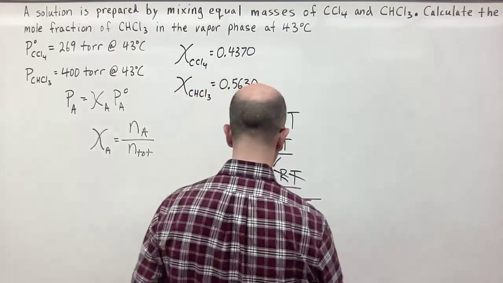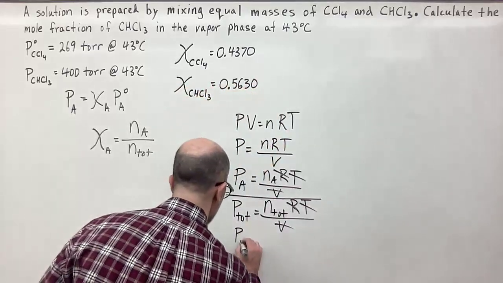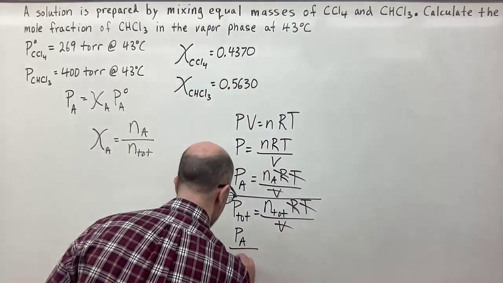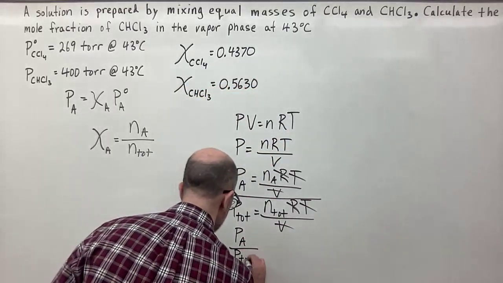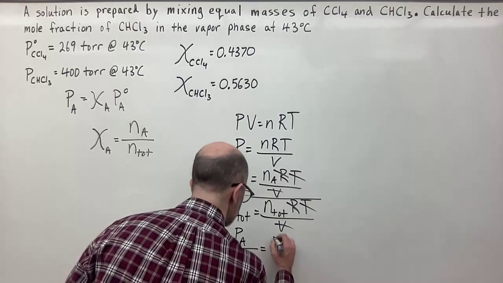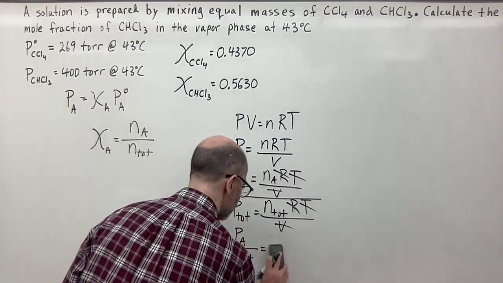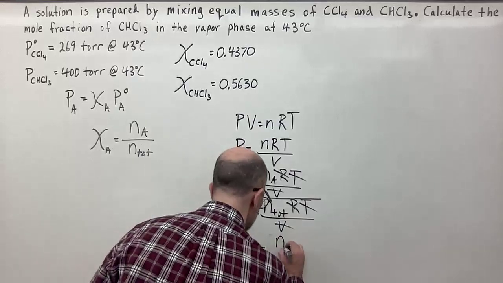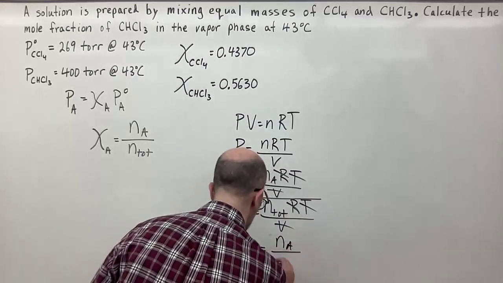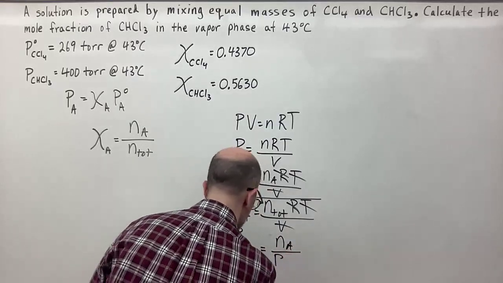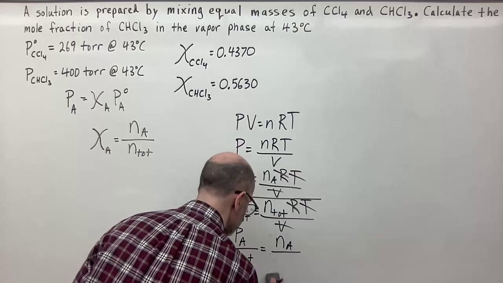We have P, the partial pressure of gas A, over the total pressure is equal to the moles of A over the total moles.